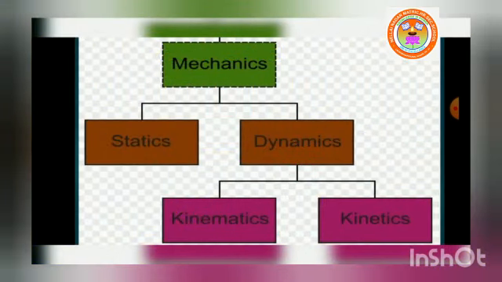What is mechanics? Mechanics is the branch of physics that deals with the effect of force on bodies. It is divided into two branches, namely statics and dynamics. Dynamics is classified into two types, kinematics and kinetics.